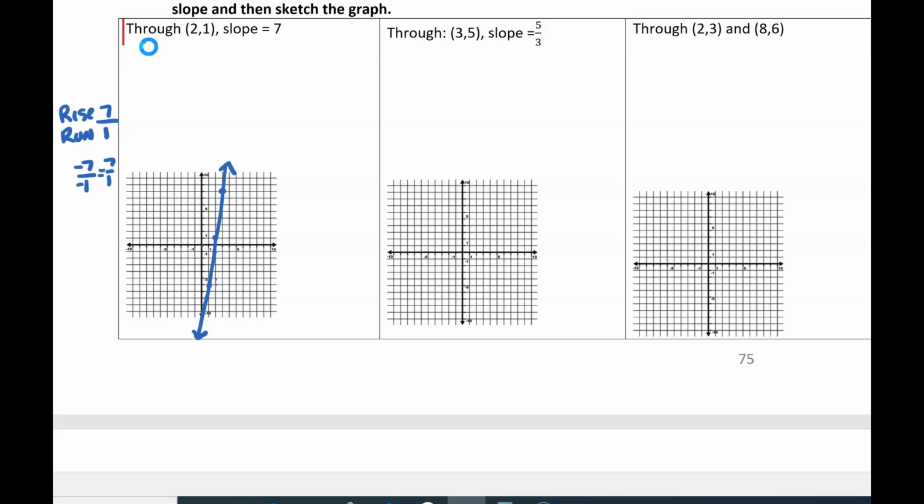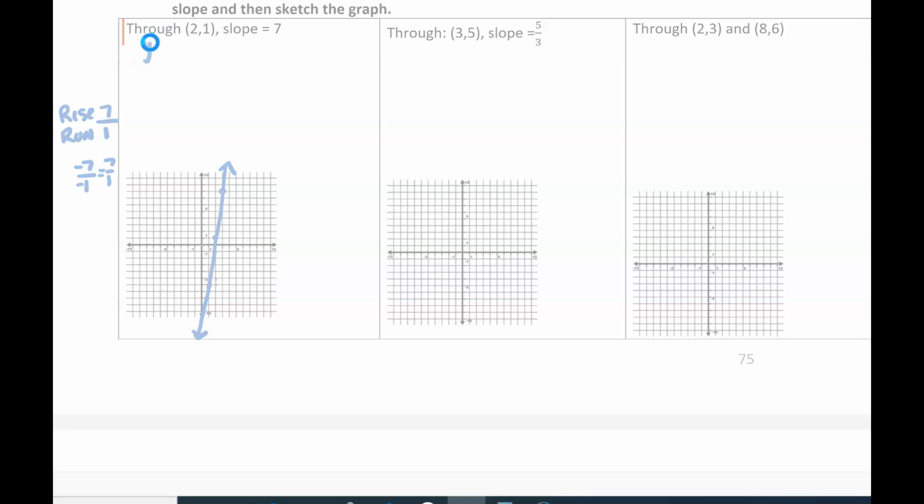So slope-intercept form is y equals mx plus b, and our goal here is to find the slope and the y-intercept. Looking at the graph, we can estimate that the y-intercept might be around -10, but we want to actually use algebra to find out exactly what it is.